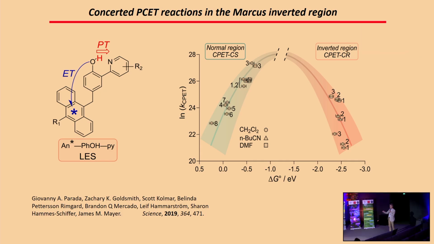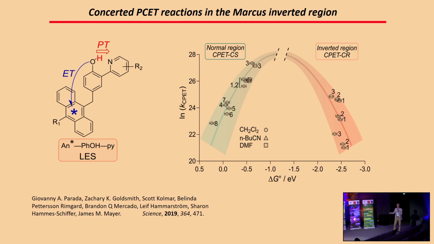And we can see that the forward reaction was in the Marcus normal region. And the back reaction for these compounds in 3 different solvents was in the Marcus inverted region, and was still a concerted reaction. And that showed that under certain circumstances at least, PCET can also show a Marcus inverted region.